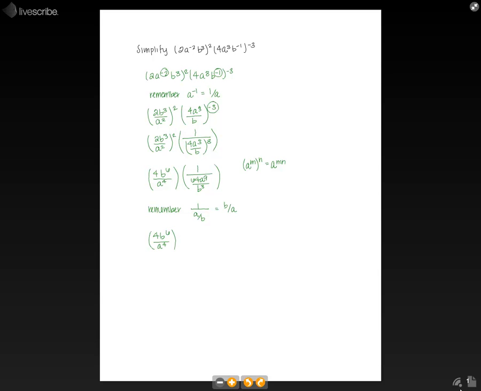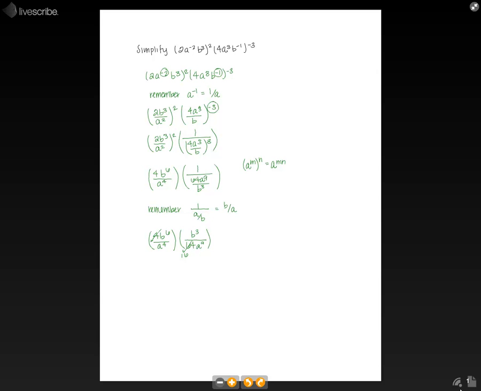The second term, we can flip it over and say that's the same as b cubed over 64a to the 9th. Now let's see if we can cancel out anything. The 4 can cancel out with the 64, and that's going to leave us with 16 right here.